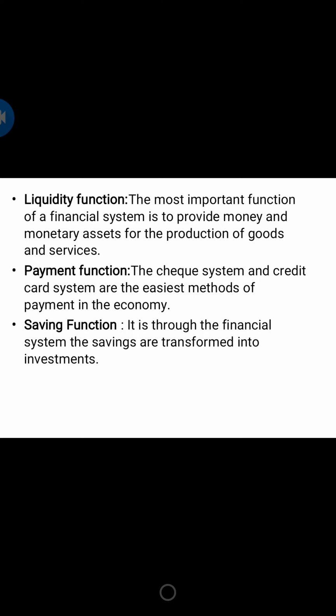This facility is given by the financial system. The cost and the time of transactions are considerably reduced in this system. So this is the payment function which is performed by the financial system.